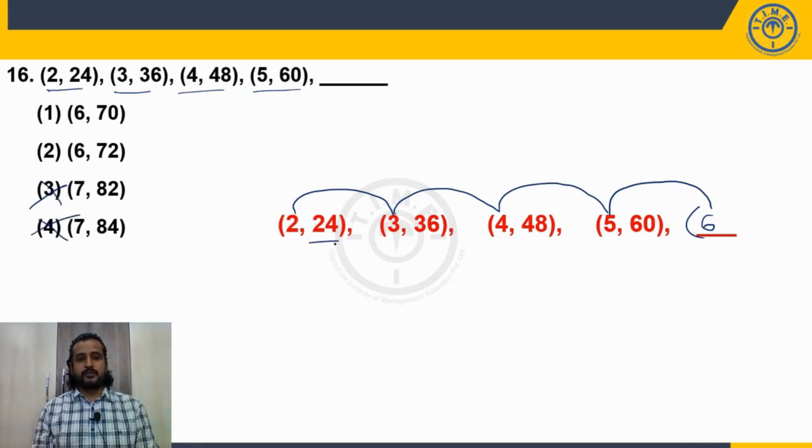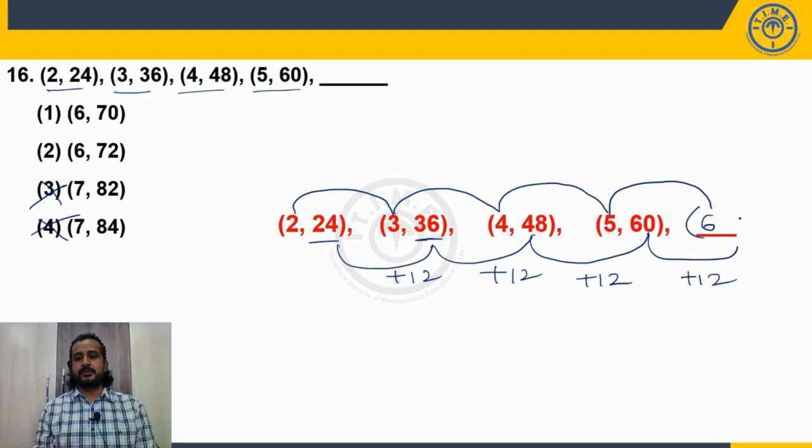24, 36. How much is it increased by? Plus 12. 36, 48, increased by 12. 48, 60, increased by 12. So what will be next? 60 plus 12, which is 72. So 6, 72 is the required answer, and it is perfectly matching. The logic in the first series is consecutive natural numbers.